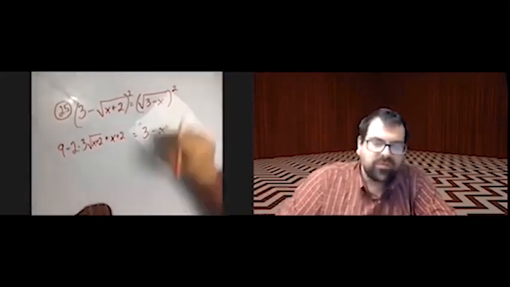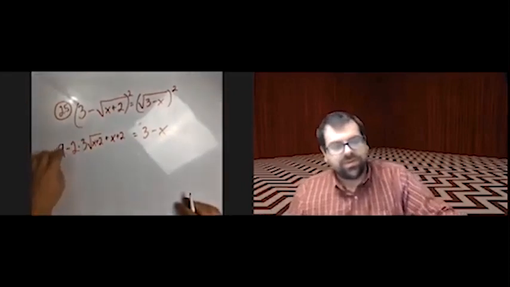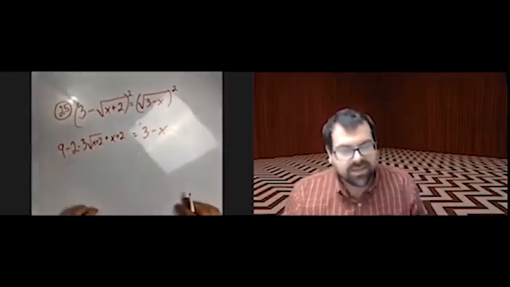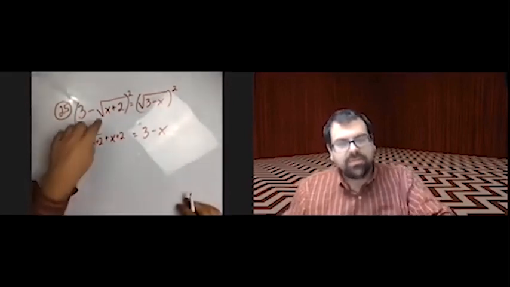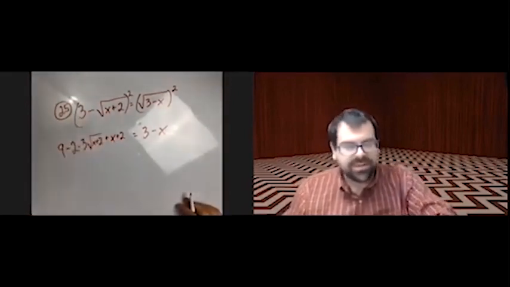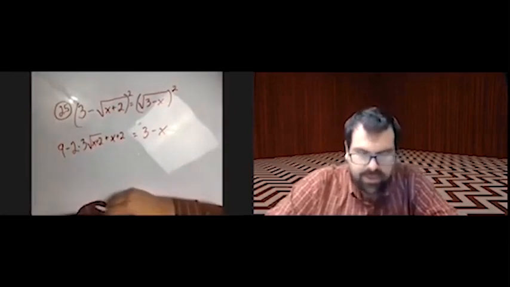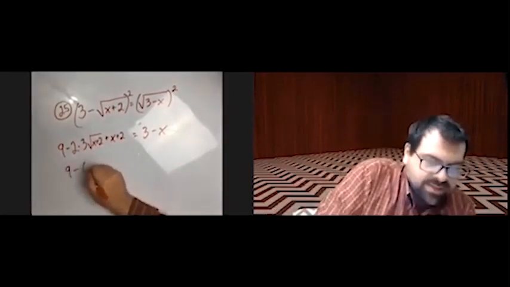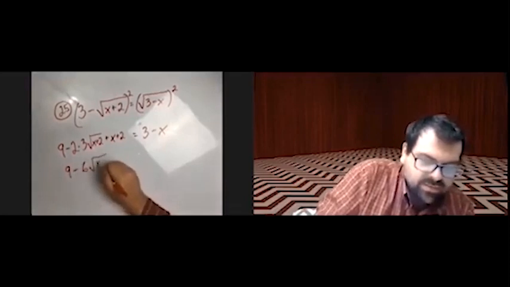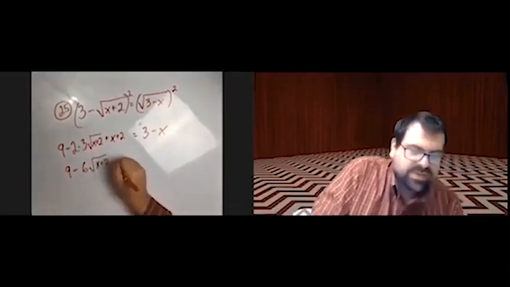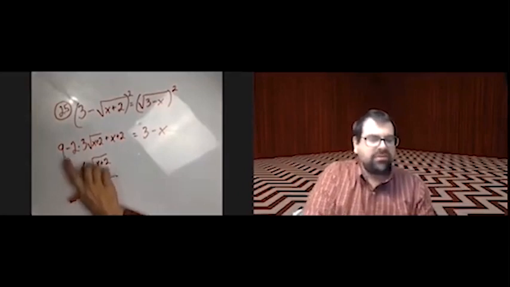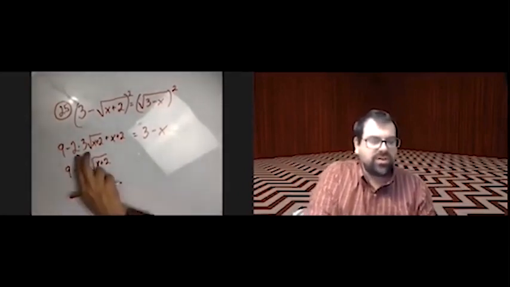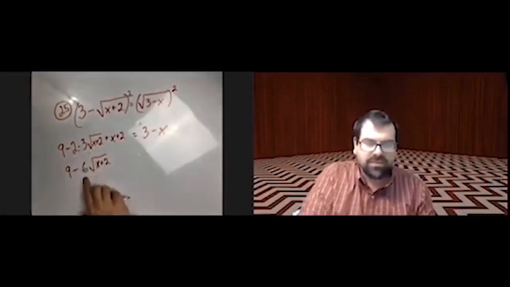Or use the special formula: square the first, minus 2 times the first times the second, plus square the second. Let's clean this up a bit. This is 9 minus 6 radical x plus 2, not subtracting first. Order of operations says we multiply first.